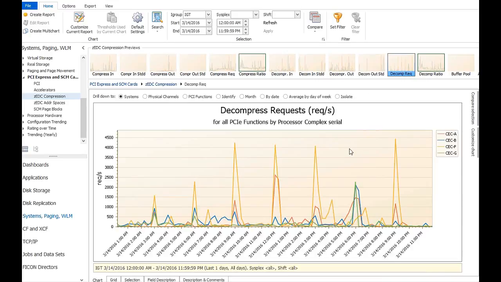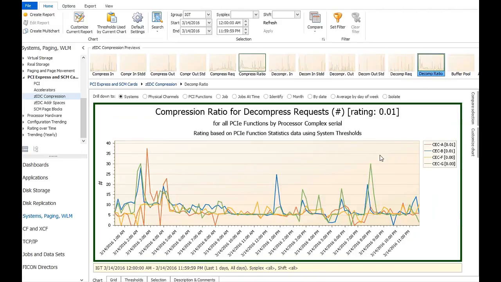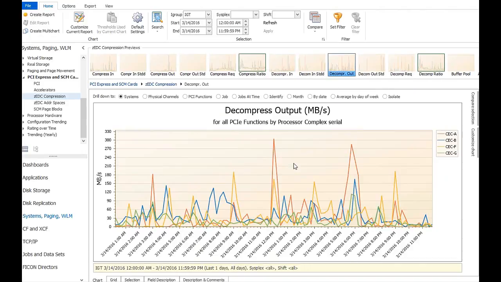Here is the request rate for the decompression requests, and again the decompression ratio, which is pretty comparable to the compression ratio, the megabytes per second coming into the decompress function, and the megabytes per second going out. In this case, a larger value because the data is being decompressed.